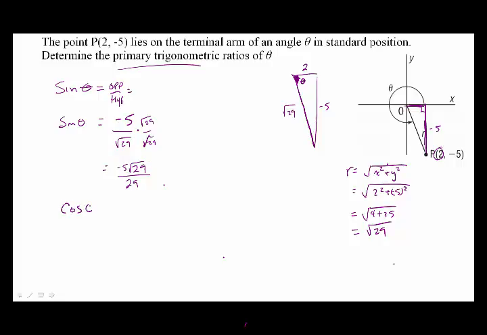Cos, real quick on your own. Cos theta is adjacent over hypotenuse. And lastly, tan theta, opposite over adjacent.